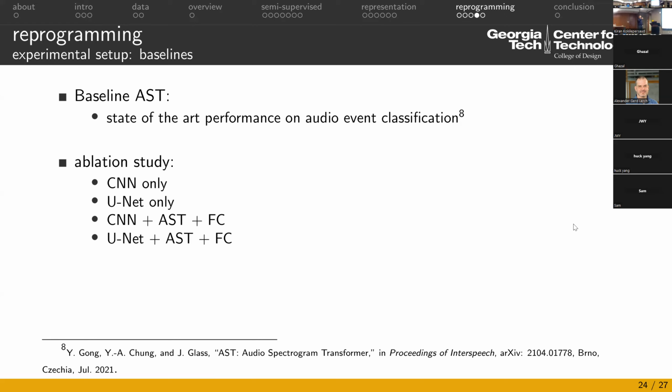We have a CNN for input processing, and then we just have a fully connected layer at the output to do the label mapping. And we do the same with a U-Net. So a U-Net structure is basically an encoder-decoder structure where we also have skip connections. That's why we depict it as a U. So U-Net is very commonly used for audio source separation, for example. It's a very suitable model for that.